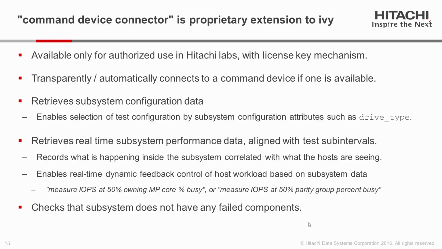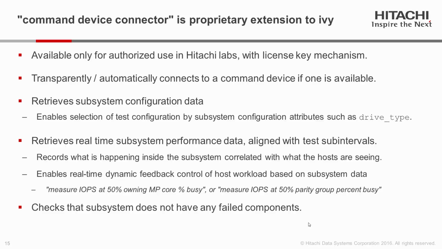That also enables it to build a filter for each rollup instance, which we'll talk about in a minute, to show which hardware components are behind or associated with each one of the test LUNs. That allows you to filter the real-time subsystem performance data.